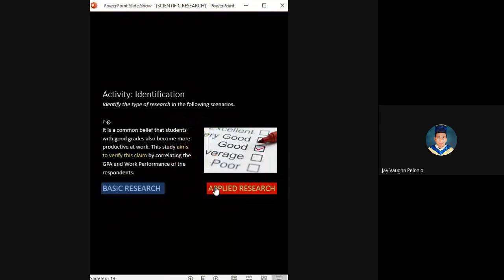Uy, mali yung answer. The clue is already stated in the situation. The researcher aims to verify. If they want to find answers to questions, or if they are curious about something, ano yan? Basic research.